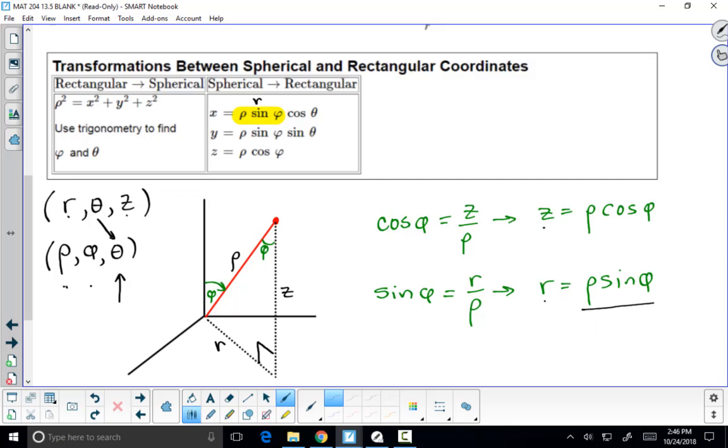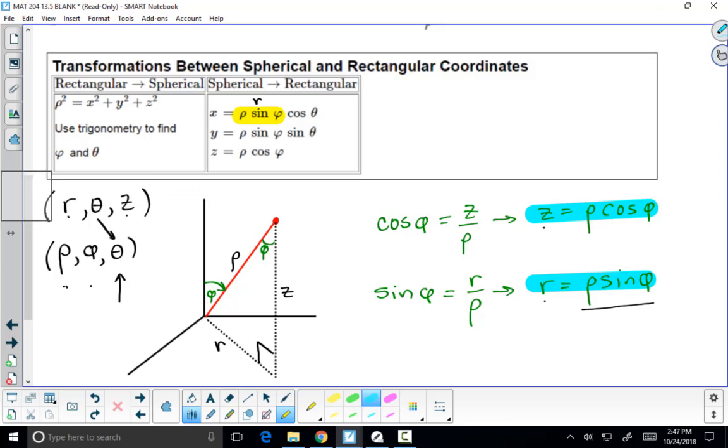And then from cylindrical, z is equal to z, but we're going to replace the z with what it's equal to in terms of rho and phi, and that's rho cosine phi. So if you know this triangle right here, you get these two equations, and that does it for us. That and that are everything we need to know to convert from cylindrical over to spherical. So we take our cylindricals, replace r with rho sine phi, replace our z with rho cosine phi, and we've got spherical coordinates.